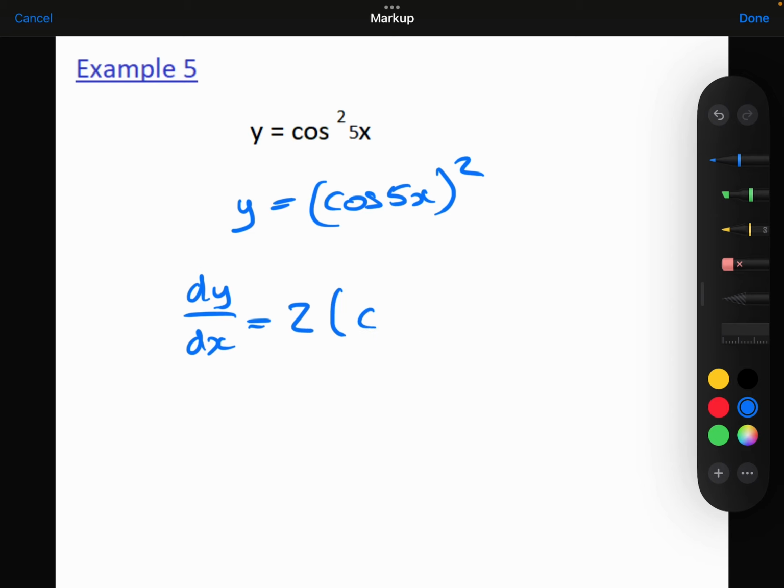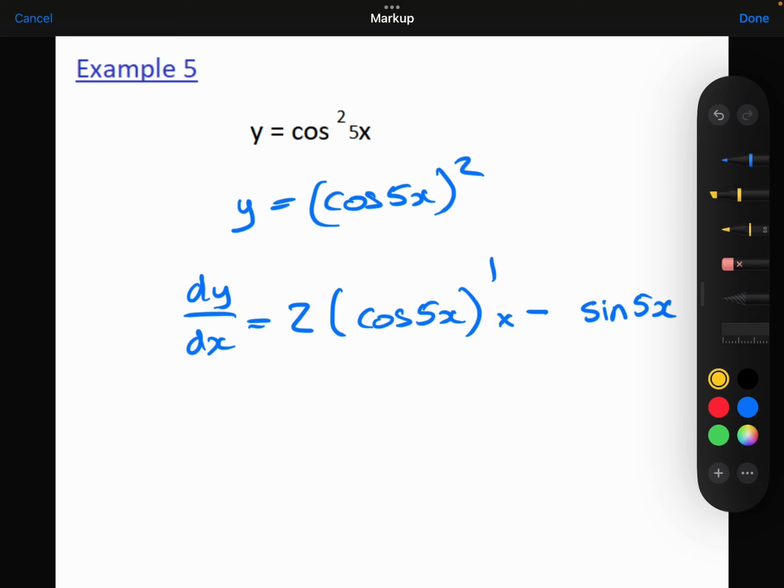So we'll times by the 2, the inside stays the same, and we take 1 away from the power. So this is me differentiating the squared function. I now have to multiply that by the derivative of the inside. The derivative of cos is minus sine.